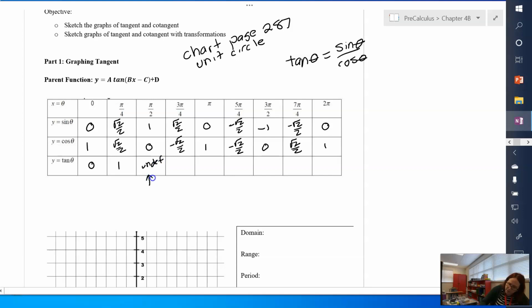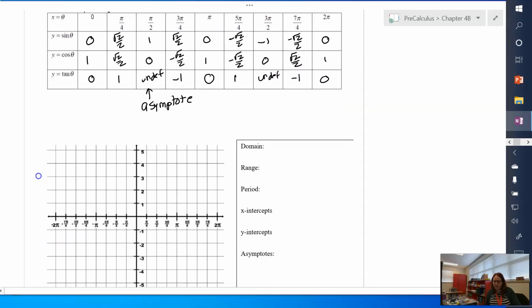And that also means I'm going to have an asymptote at this point. And then I have -1, 0, 1, undefined again, -1, 0.